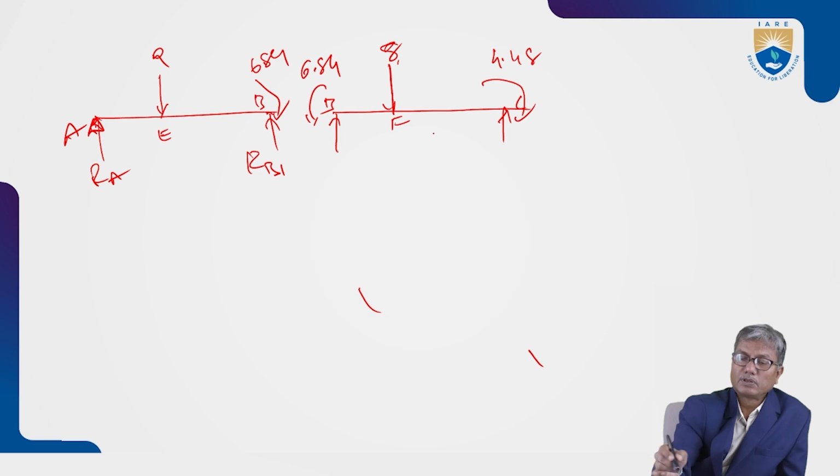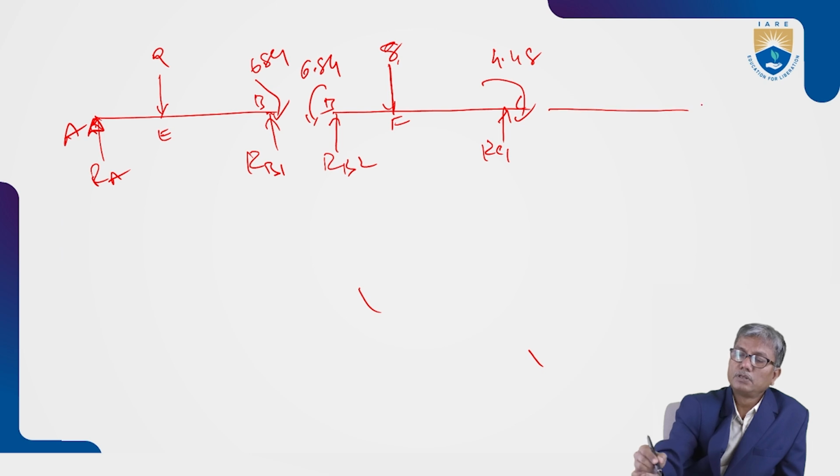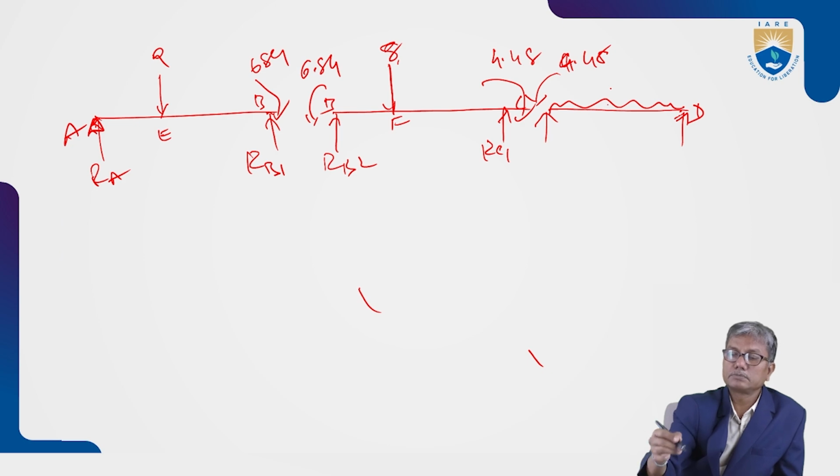This is RB2, and this reaction is RC1. Next, for span CD, we have a UDL, bending moment at D is 0, bending moment at C is 4.48, and the loading is something here. Now this is RC2 and this is RD.